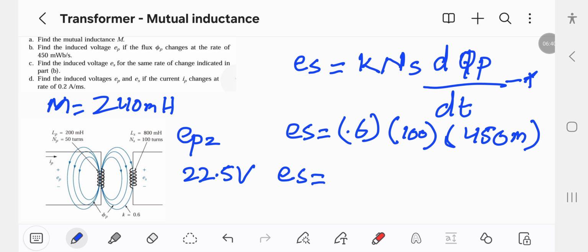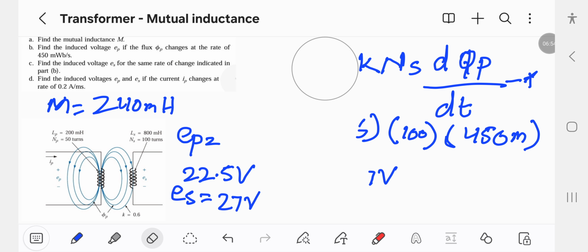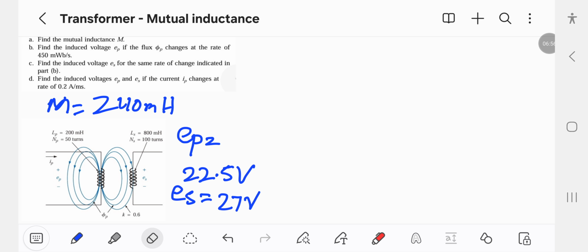So if we solve this, it's equal to 27 volt. Now we found the induced voltage, which is equal to 27 volt in the secondary coil.